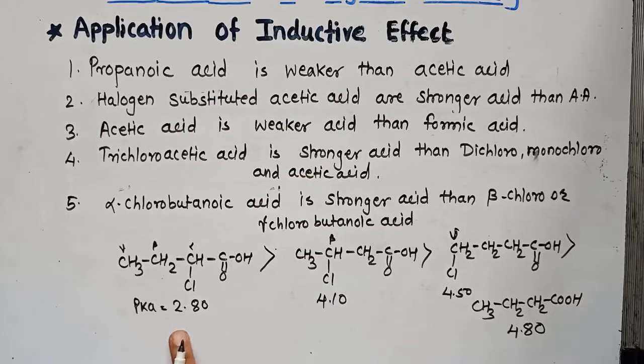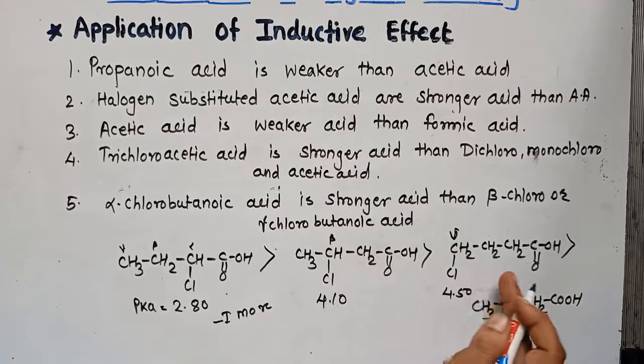This is the first point. Then distance: as the distance of the minus I group from the OH increases, the minus I effect decreases. Here the chlorine is very close, right? And due to that, the minus I effect is also more. As the distance increases, the minus I effect decreases.